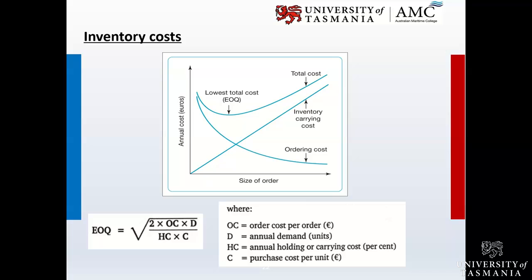I have prepared some steps for calculation, so you can find a document in Milo. It shows how to derive the EOQ formula. So if you are interested in the detailed calculations, you can refer to the document.